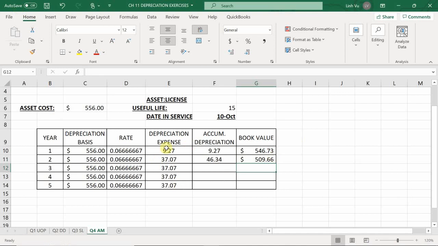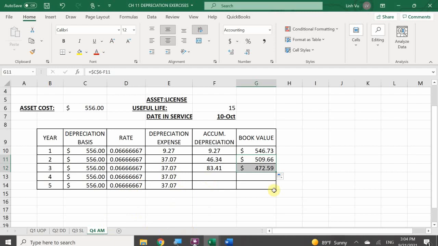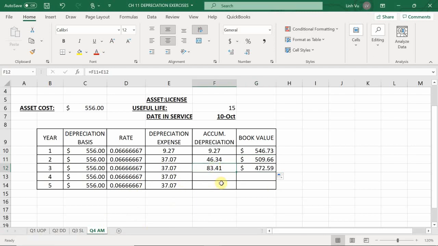Okay. So same idea here. We're going to add our 46 to the 37 to get a total of $83.41, which brings my book value down to $472.59.